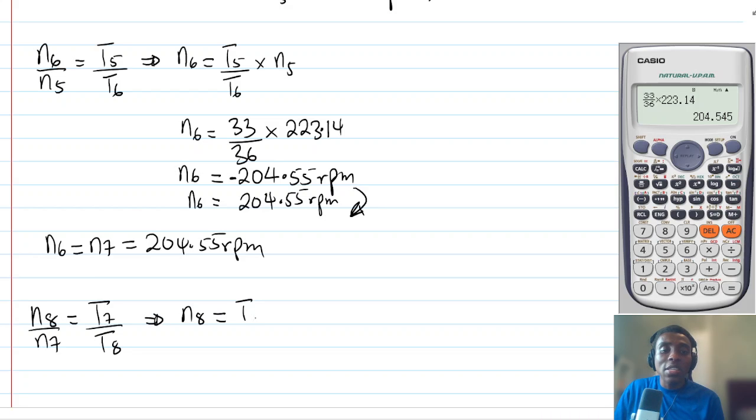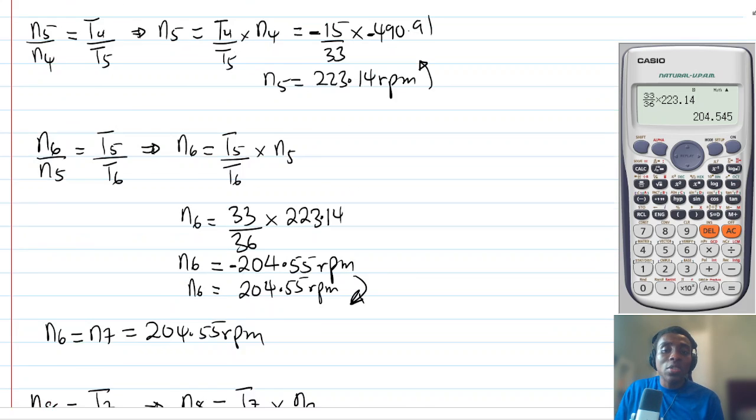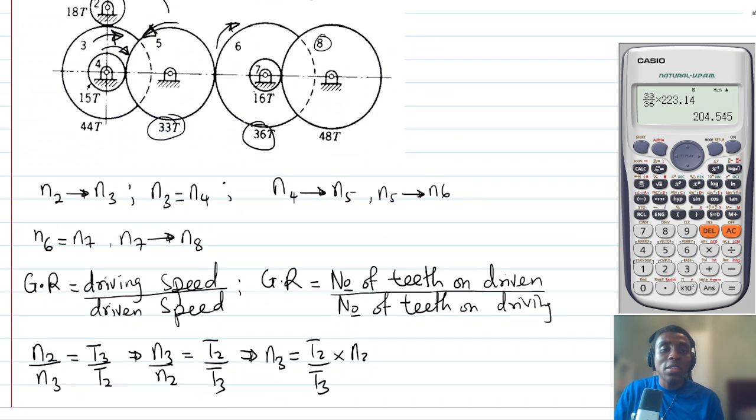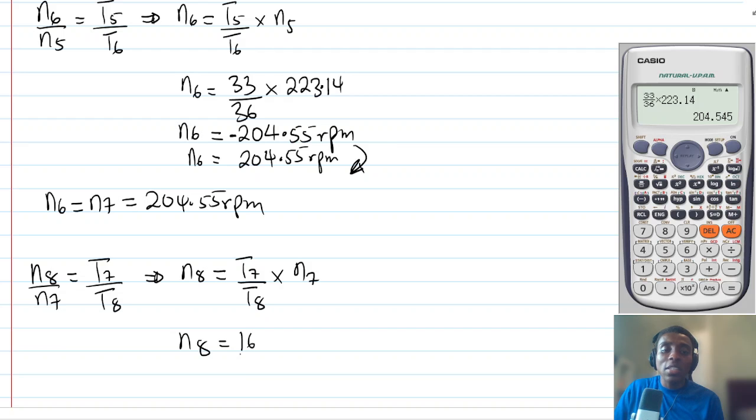N8 is going to be T7 divided by T8 multiplied by N7. When you get to this part, you know everything. You just substitute. T7 is 16, T8 is 48. So essentially, that's 16 over 48 multiplied by 204.55.